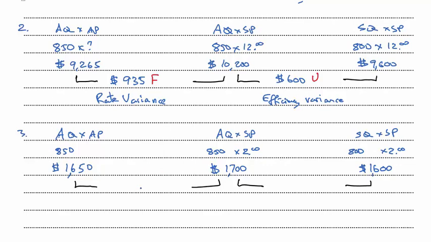So the spending variance is $50, and it's going down as we go to the left, so it is favorable. And on the efficiency variance, it's a $100 difference. It's going up as we go to the left, making it unfavorable.